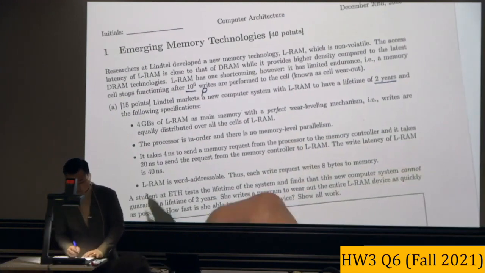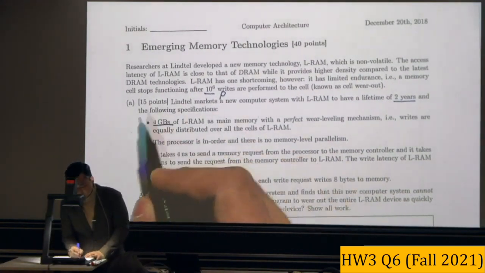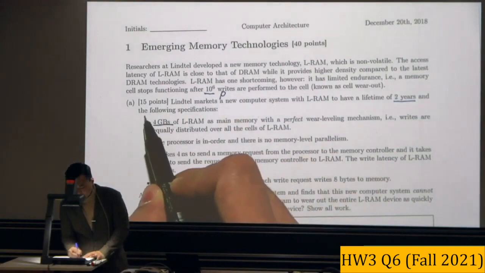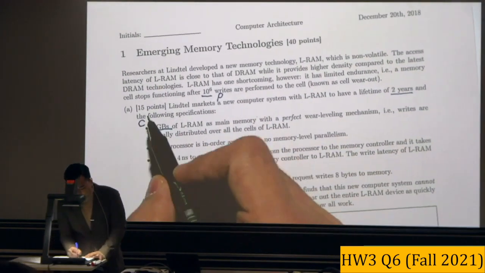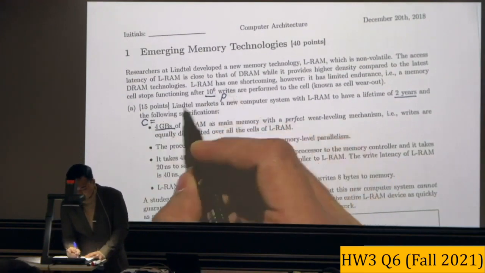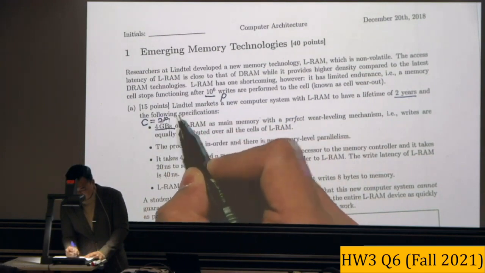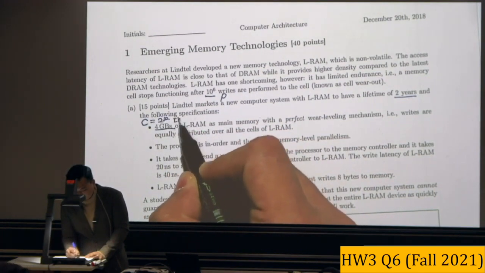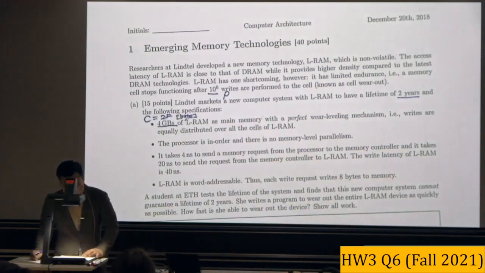Okay, so this value is also important. This is capacity. Let me put this as C. C is 4 gigabytes. It means 2^32 bytes.